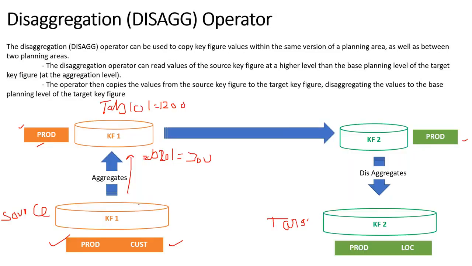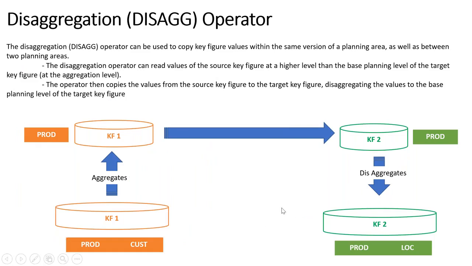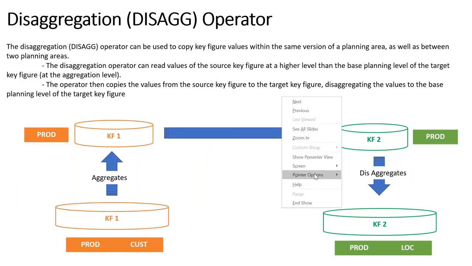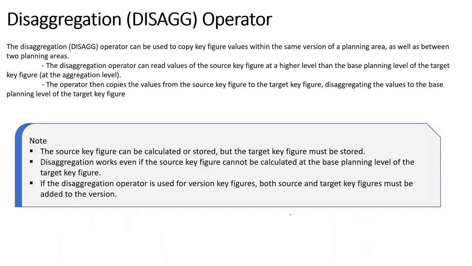Let's read the theory. You see here, the disag operator can read values of the source key figure at a higher level than the base planning level of the target key figure, that is, at the aggregation level.